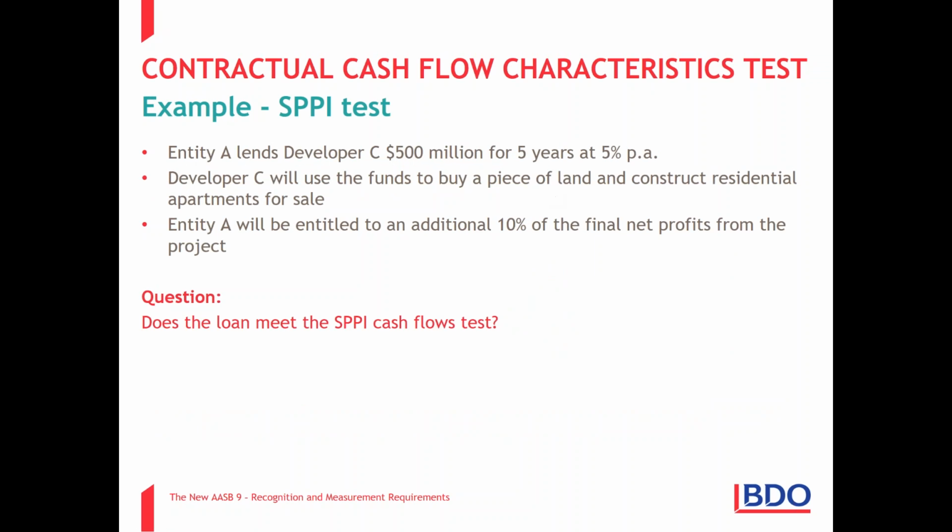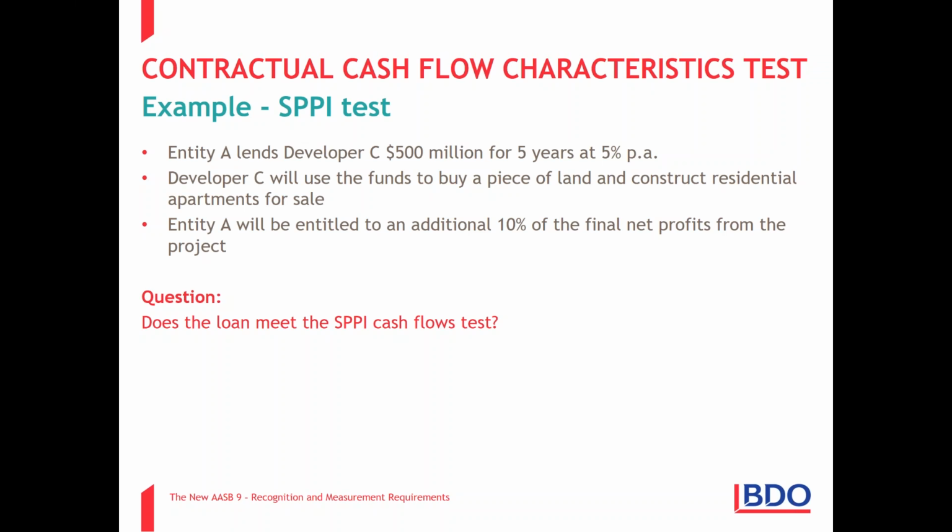If we look at a little bit of an example on the SPPI test, let's say entity A lends developer C $500 million for 5 years at an interest rate of 5% per annum. Developer C will use the funds to buy a piece of land and construct apartments for sale.